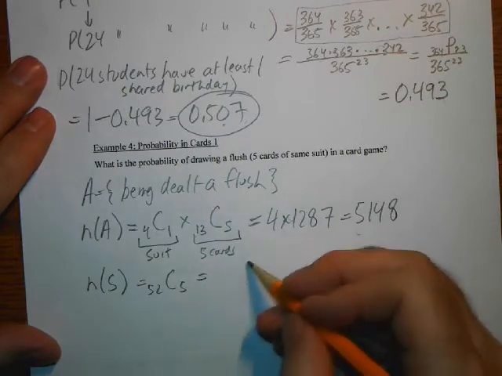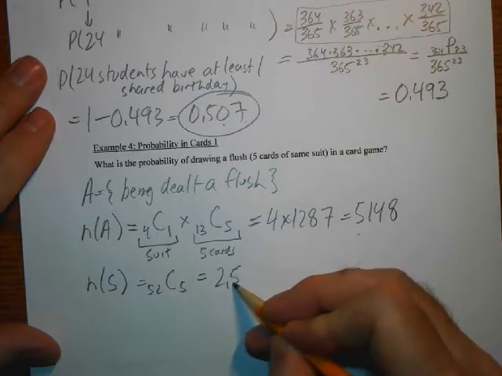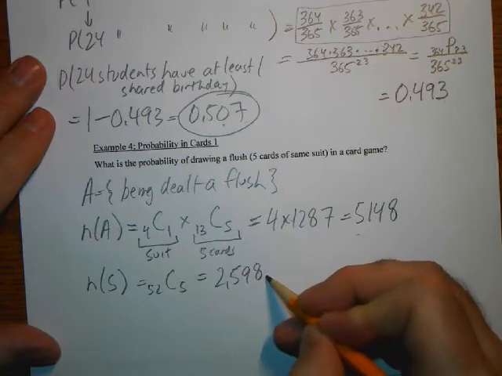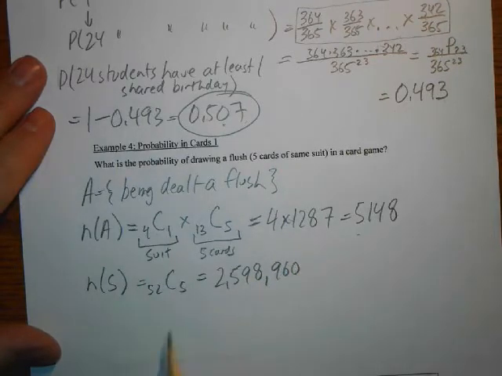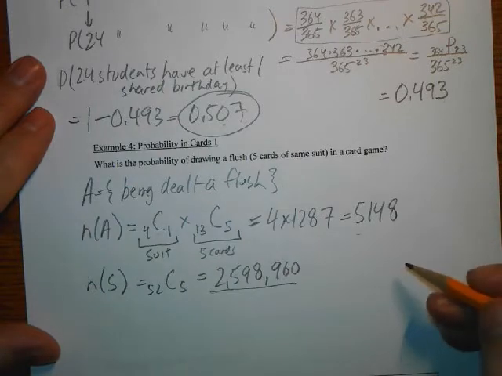And this is equal to 2,598,960. And this is a very famous number. You'll see it quite often because anytime you do probability of getting a certain hand, this will be your denominator because that's the number of hands that are possible.